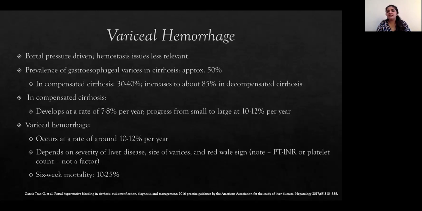And like I said, it depends a lot on how hard your liver is and how the pressures are going through them. The 6-week mortality for this is 10 to 25%. So it is a significant risk, but it is not driven by the dysregulation in the hemostasis in your body.